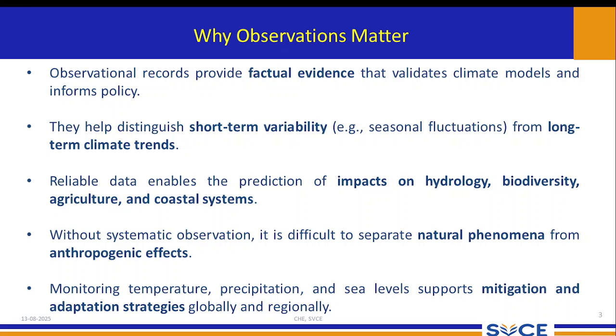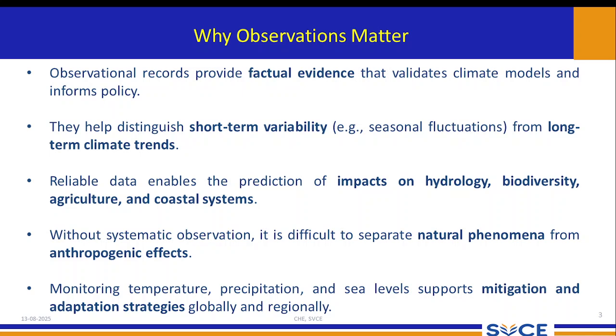So short-term variability only occurs for a short period, whereas a long-term climate trend needs to be considered very keenly. Okay, so reliable data enables the prediction of impact on hydrology, biodiversity, agriculture, and coastal systems. Without systematic observation, it is difficult to separate natural phenomena from anthropogenic effects.